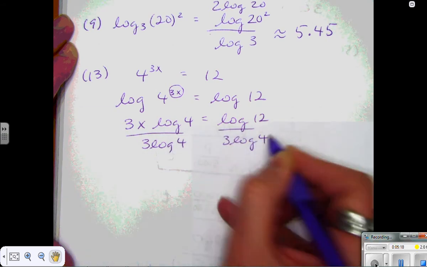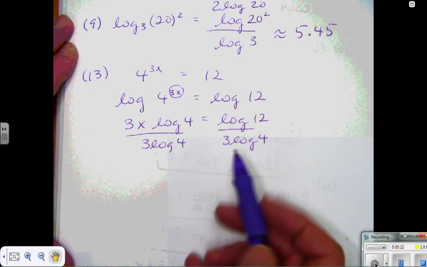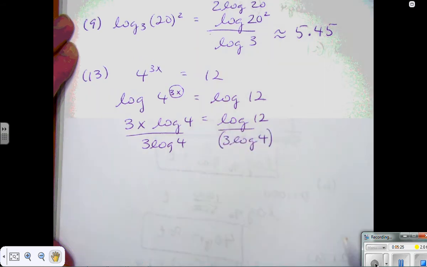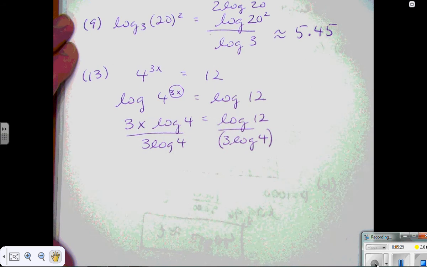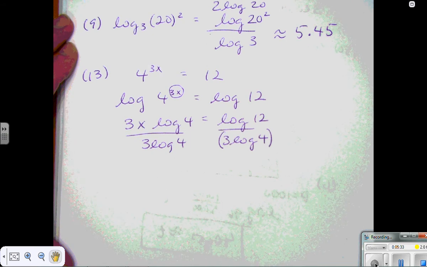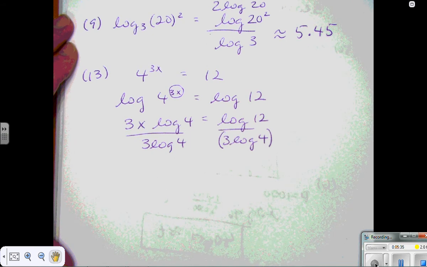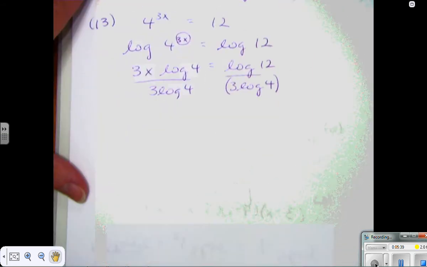And on this one, since you have this 3 times your logarithm in the denominator, it's really important that you put parentheses around that denominator to keep it all together. If you don't, then it's just going to take log 12 divided by 3 and then take that number times log 4 and you'll get a wrong answer. So you need to make sure and put parentheses around the denominator. So go ahead and evaluate that, and I'll do it up here.